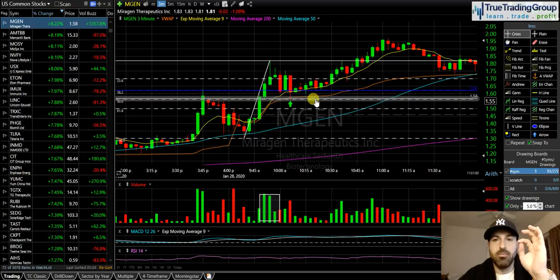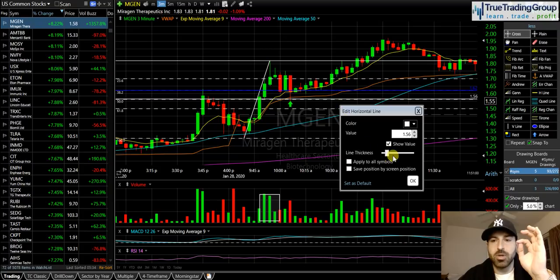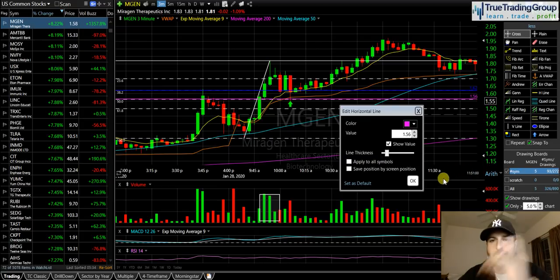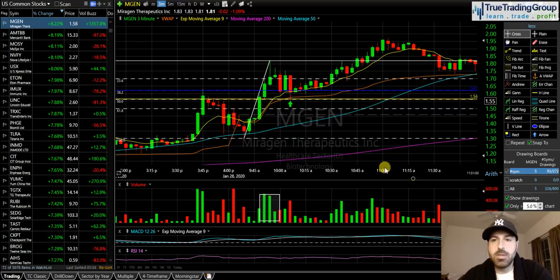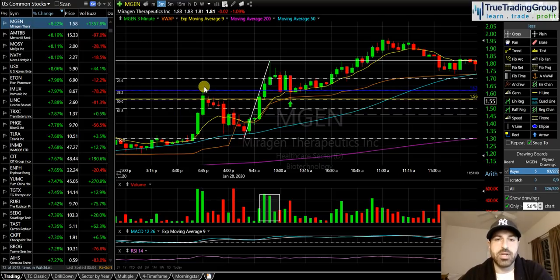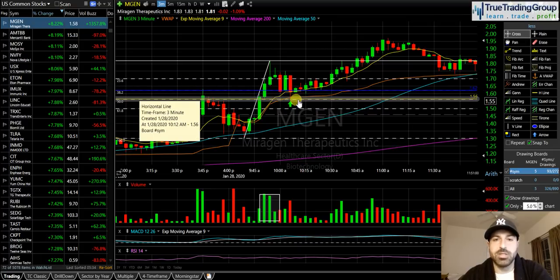Let's make this one yellow. So here now your primary support level is blue with yesterday's high, the 38.2 Fibonacci level, and the trade line. Your secondary support level is the 50 Fibonacci level, and it lines up perfectly with VWAP.